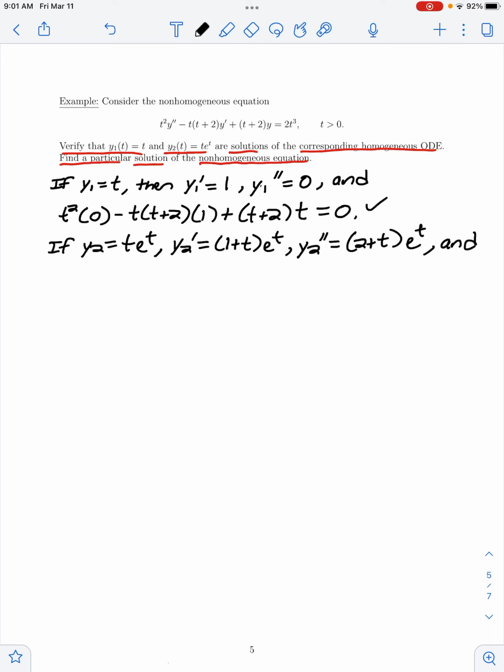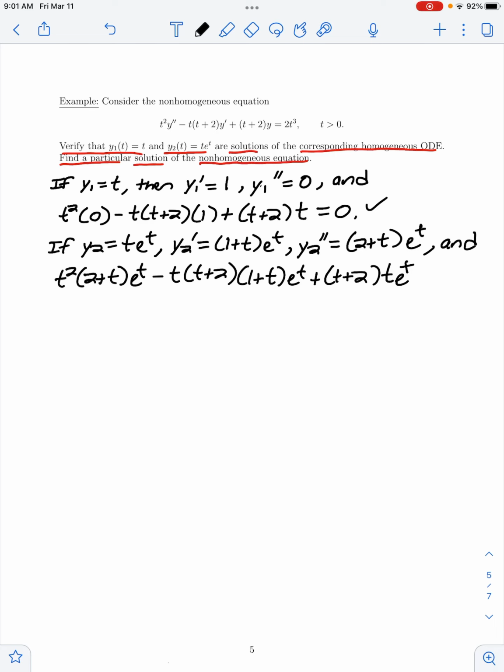And substituting into my equation, we would have t squared times the second derivative, which was 2 plus t e to the t, minus t times t plus 2 times my first derivative, which was 1 plus t e to the t, plus t plus 2 times the original function, t e to the t.